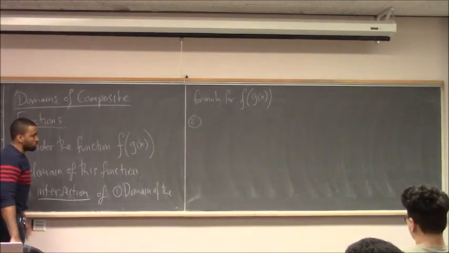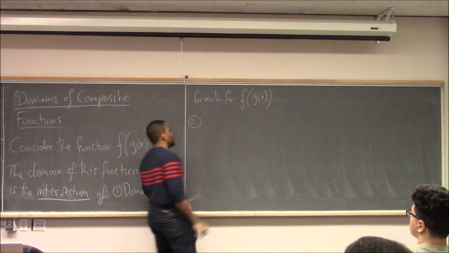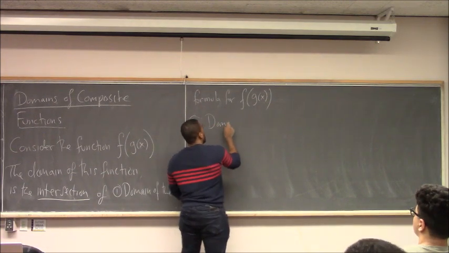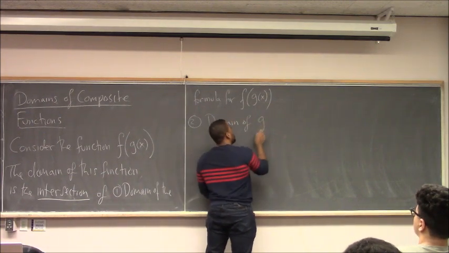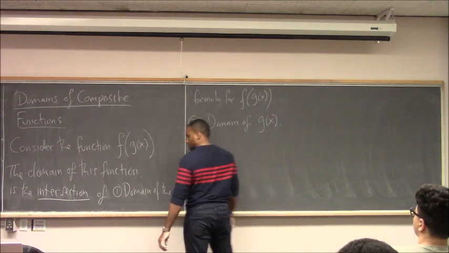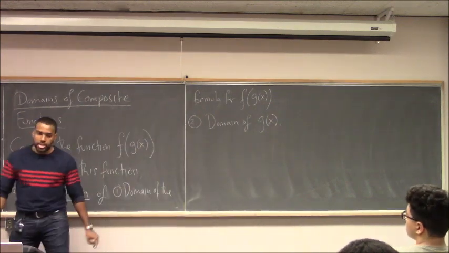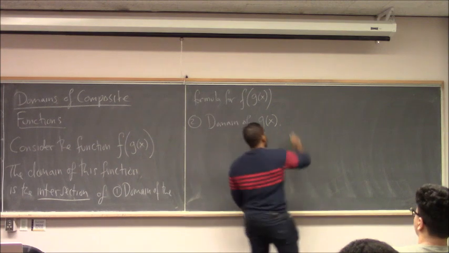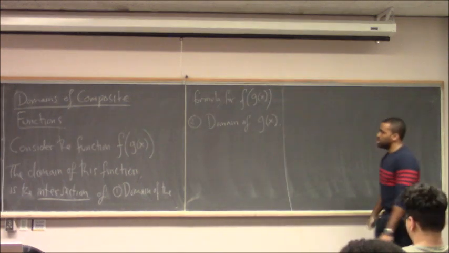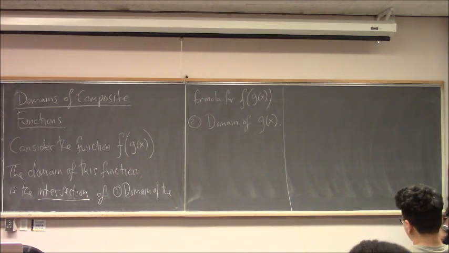That's not the only rule here. It turns out you have to intersect that with the domain of g itself. So let me give you a simple example where this would apply, where you're probably not going to see it that way.